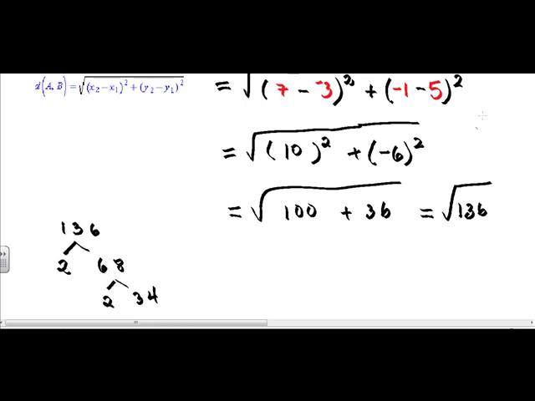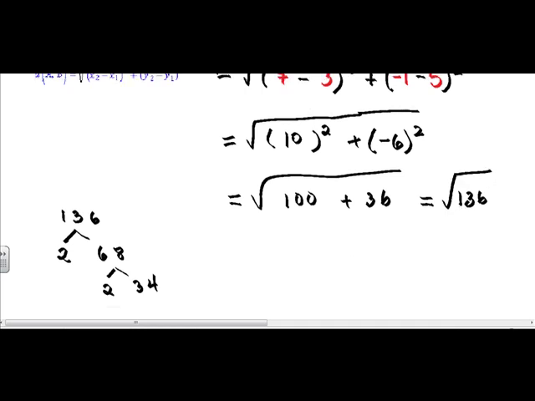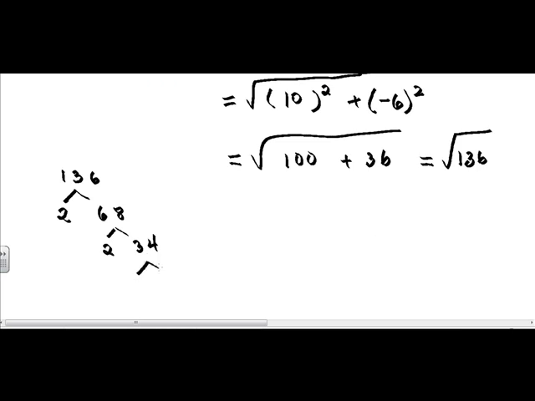Now I'm going to stop. If you like, you can stop here, and then simplify, because this is going to break down as 2 times 17, because 17 times 2 is 34. And you see that 17 is a prime number. There's no way I can break it down anymore. Or you can start from here by seeing that 34 actually comes from 2 and 17, and 17 is prime.